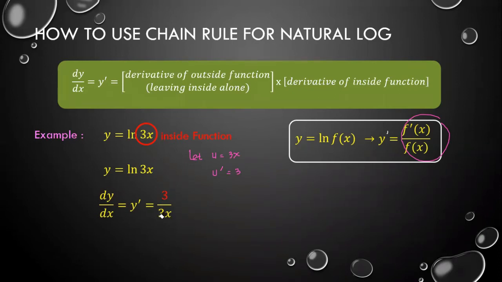Then we can simplify, cancel, right? So dy over dx or y prime equals 1 over x. Very easy, right?